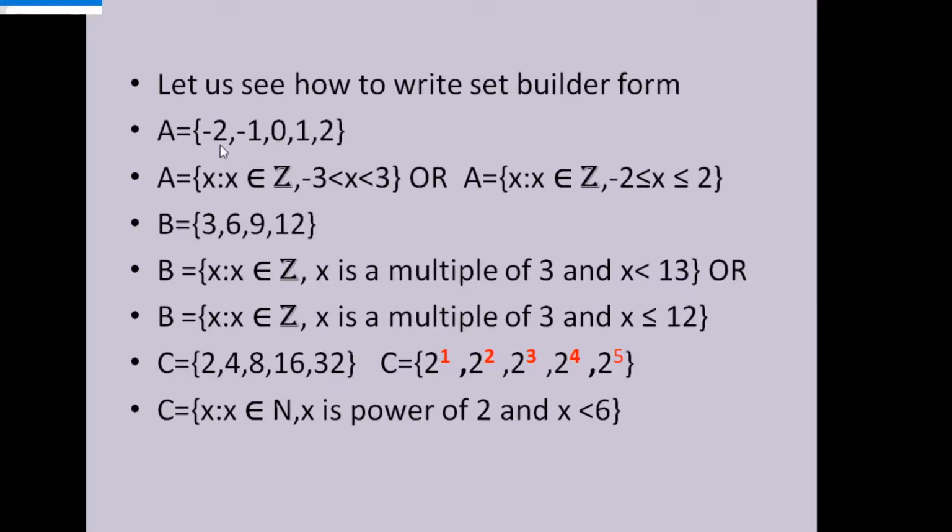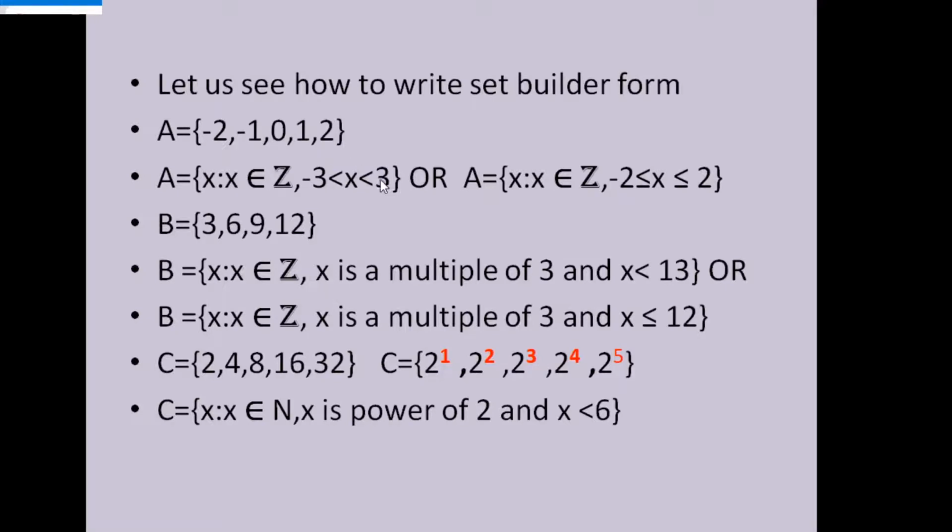Here we can clearly notice that all these elements are integers, and the number which comes before -2 is -3, and the number which comes after 2 is 3.